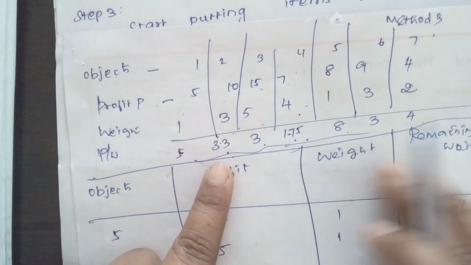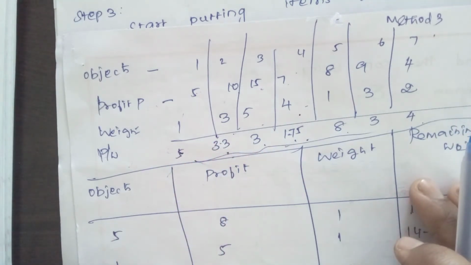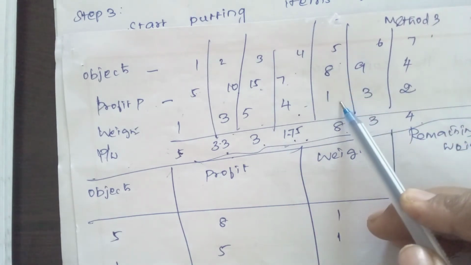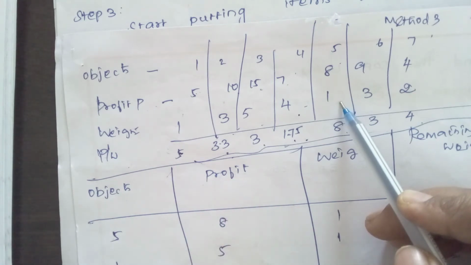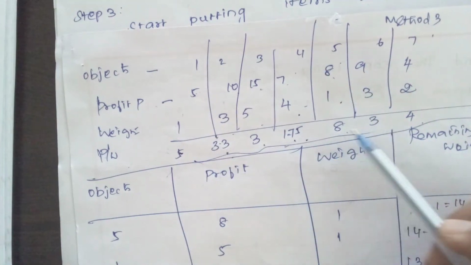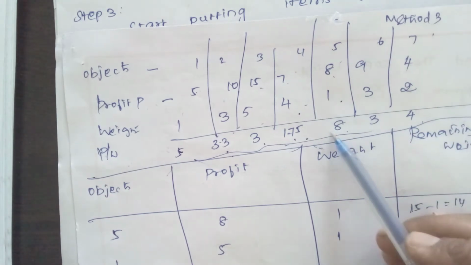See, I am going here for the fifth object, that is 8, and then 5. Sort in decreasing order. Based on the decreasing order I am going for this.